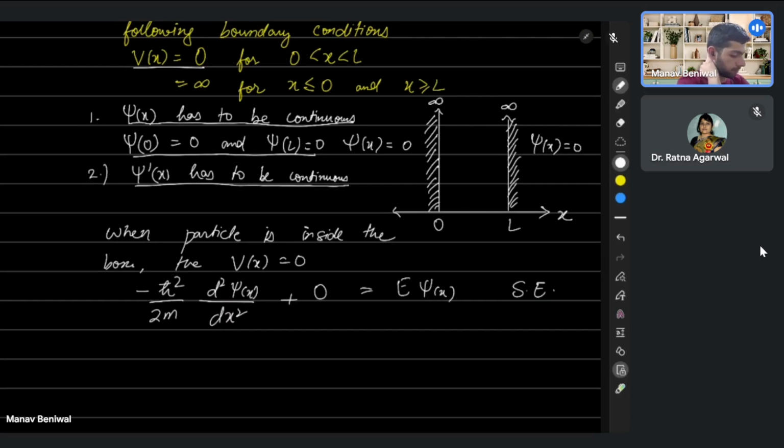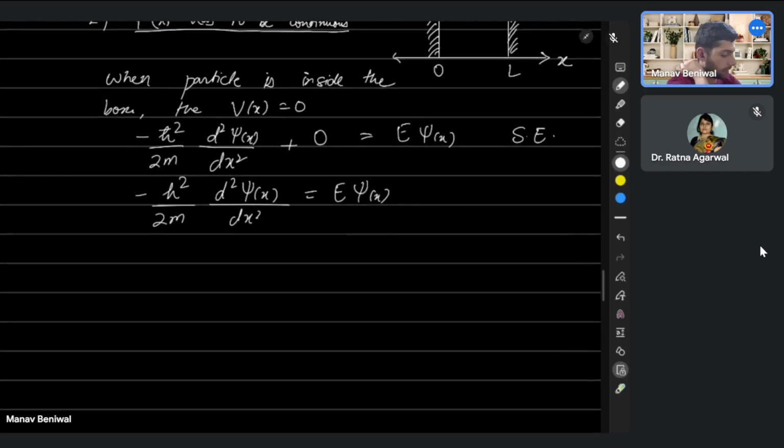So because this is 0, we can rewrite this like this. So then this is just equal to E psi. Okay.